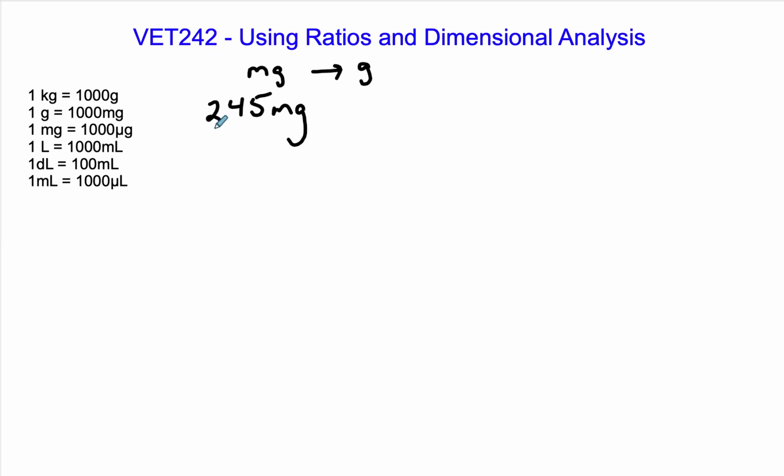If we're going from larger to smaller, we're moving it to the right. And in this particular case, because there are 1,000 milligrams in a gram, 3 zeros, we are going to go ahead and move that decimal place 3 places to the left. And it's going to give us 0.245 grams. Okay, so there's 245 milligrams in 0.245 grams.